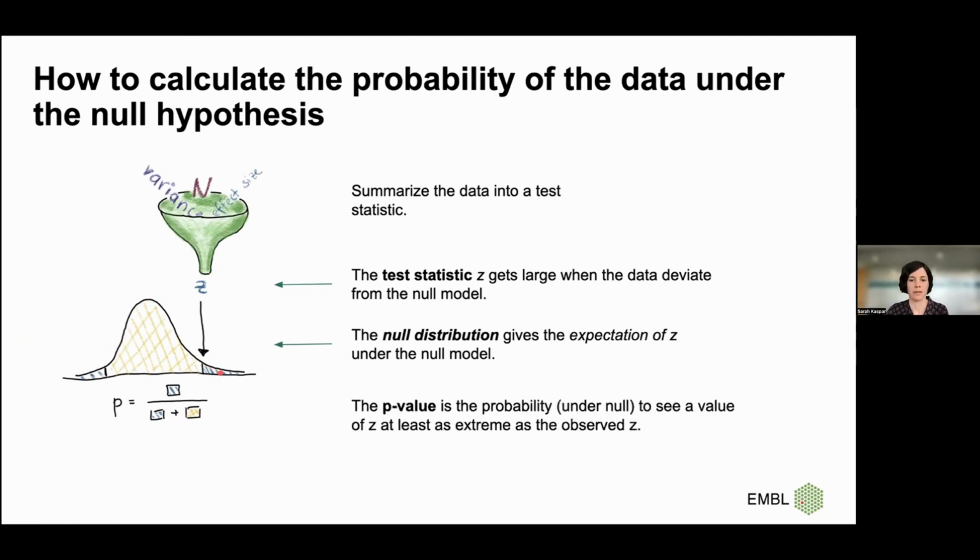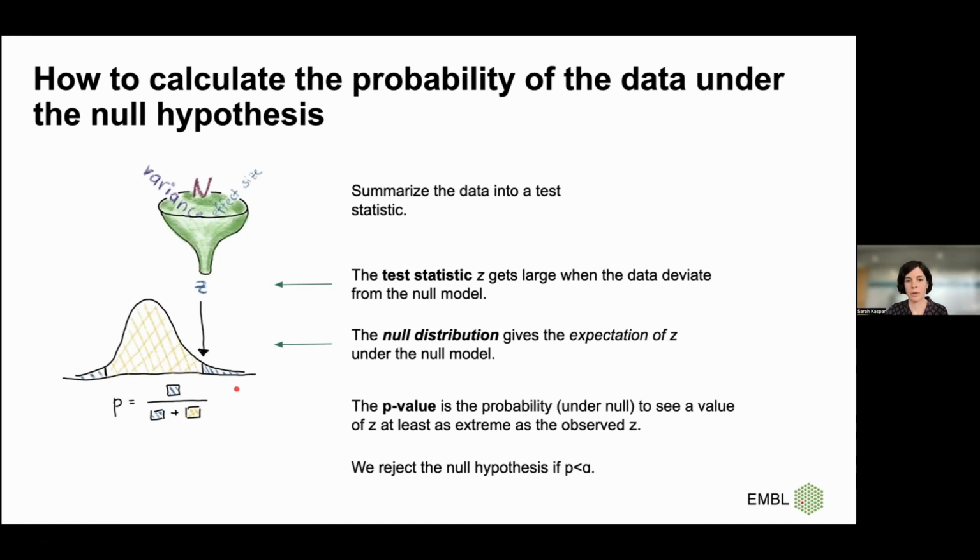Finally, we have the p-value, which gives the probability under the null to see a value of Z at least as extreme as the one that we observed from the data. Geometrically speaking, we are comparing these tails of the distribution here in blue, where the outcome is more extreme, to the whole area of the distribution.